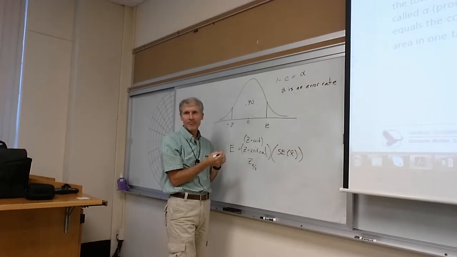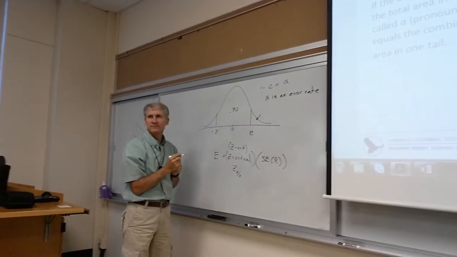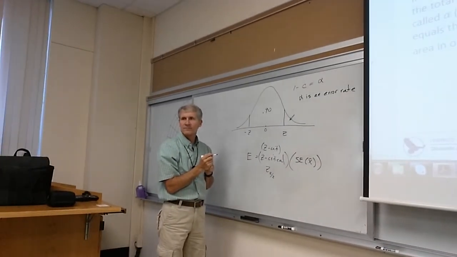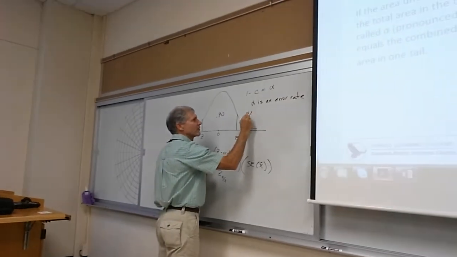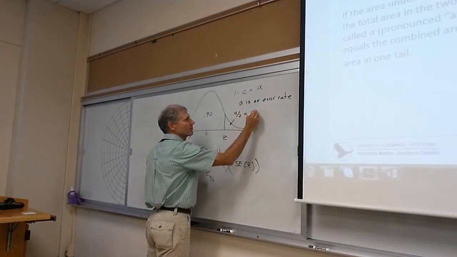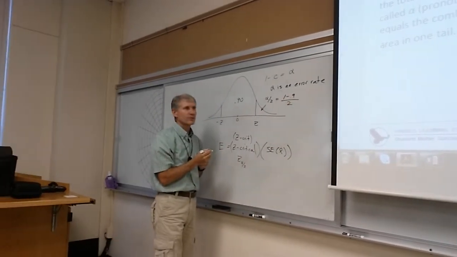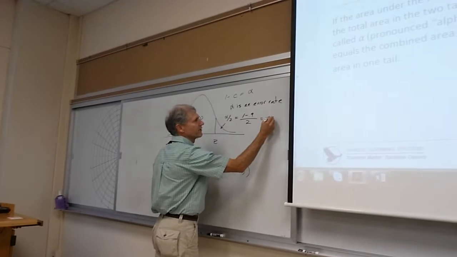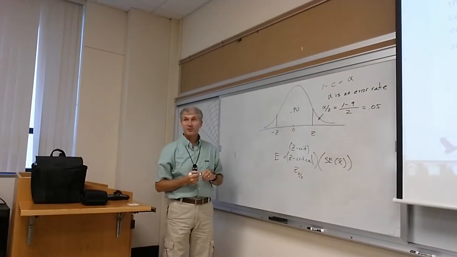You with me? So how much area is in this tail? Alpha over 2. Alpha over 2, which is 1 minus 0.9 over 2, which is 0.05. We did this before, remember?